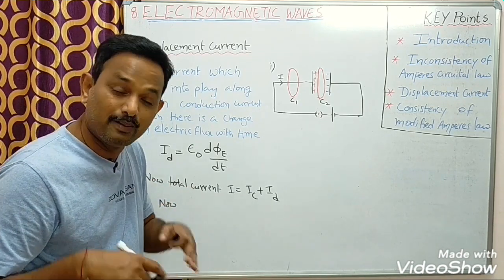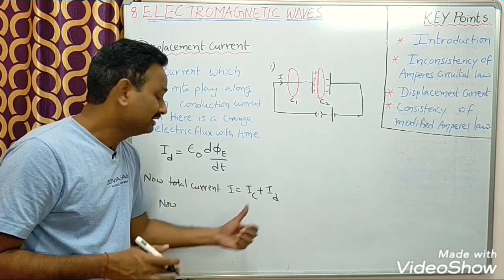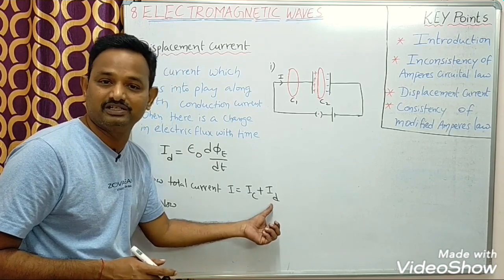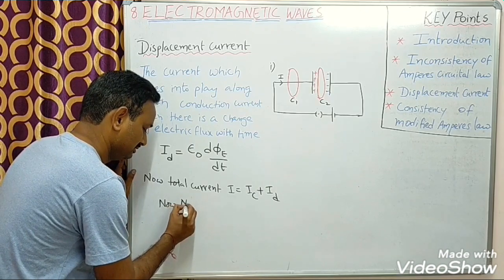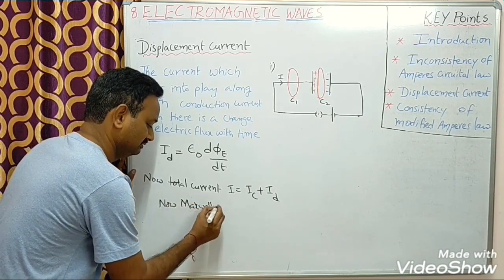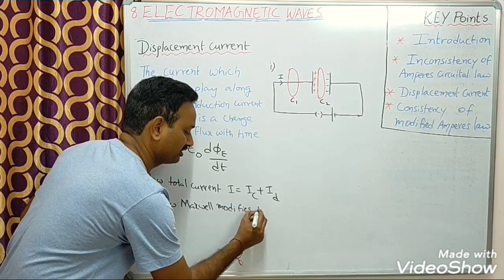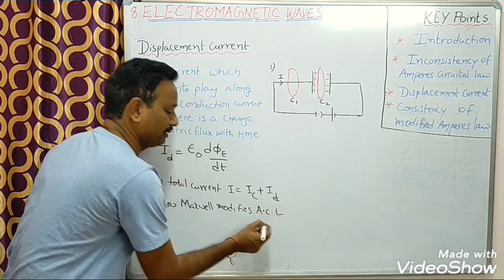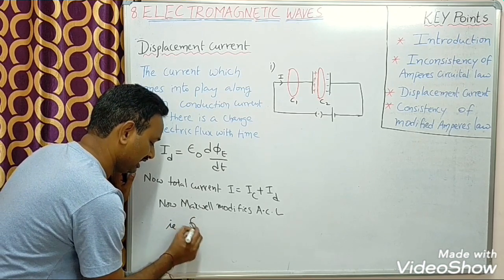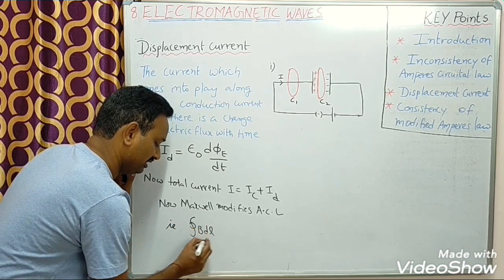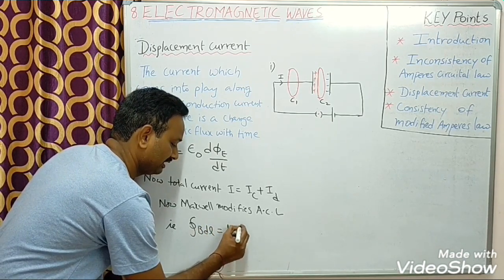Now Maxwell modified Ampere's circuital law. In place of total current, he took conduction current and displacement current. Maxwell modified Ampere's circuital law, ACL, that is the line integral of magnetic field around a closed loop equals mu naught times current.